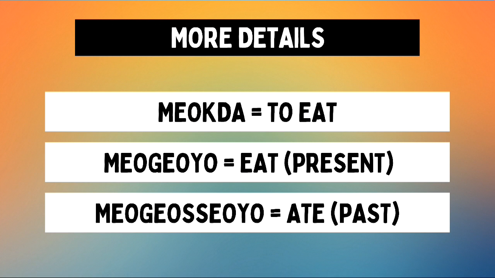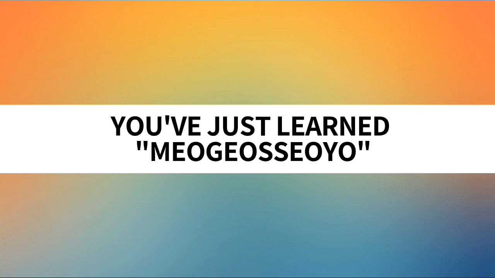As mentioned, 먹었어요 is formed by replacing da from 먹다 to 어서요. So 먹 plus 어서요 is 먹었어요, and that makes it a past tense form of 먹다. If you've seen other verbs that has 어서요 at the ending, it's more likely a past tense form of a verb as well. And with that, you've just learned 먹었어요.